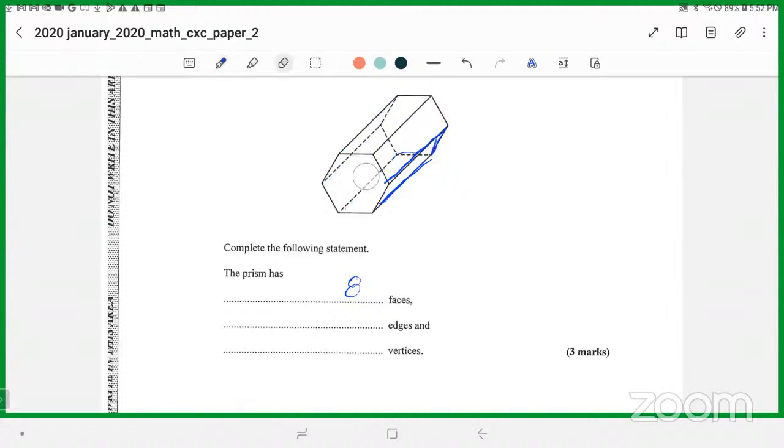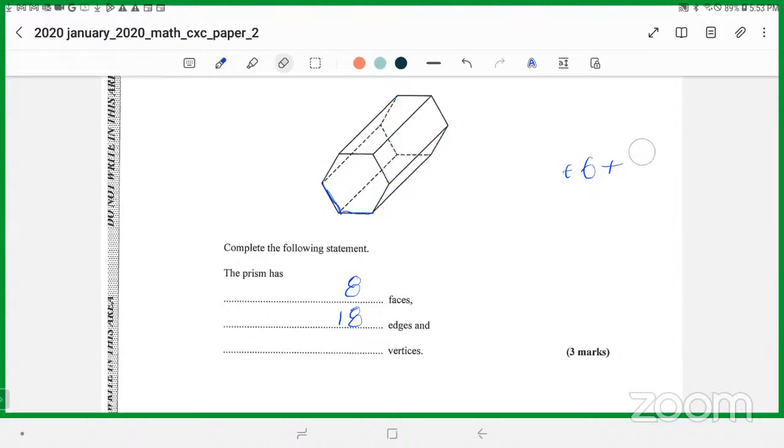So if you count them around the side, there are 1, 2, 3, 4, 5, 6 around the side. And then on the ends, you have 6 around the side, plus 6 over here, 1, 2, 3, 4, 5, 6, and 6 over here again. 18 is correct.